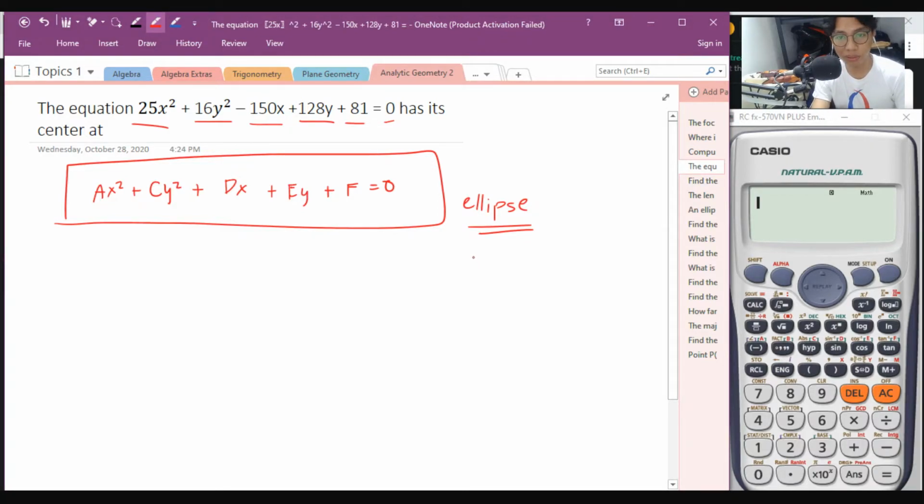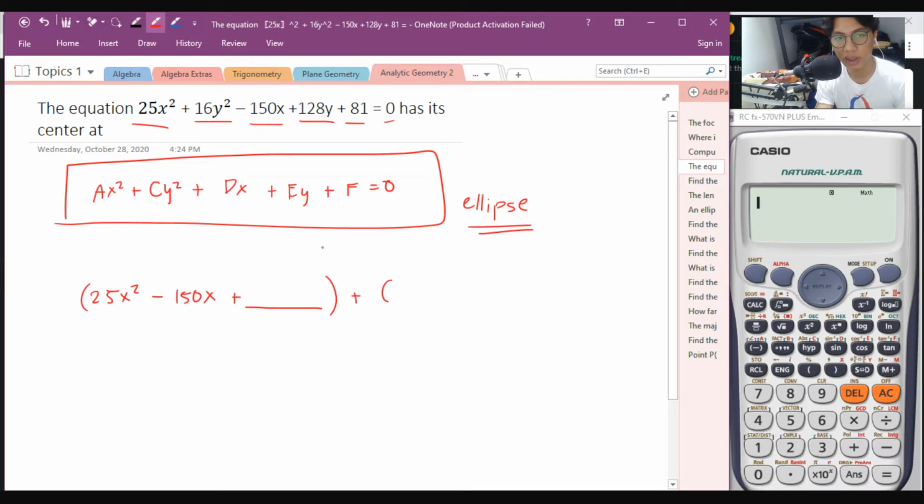So, anong kinukuha dito? Center. Pwede tayo mag-completing the squares. Let us try completing the squares. Para ma-practice nyo completing the squares. Pag sama-samahin natin yung may x at pag sama-samahin natin yung may y. 25x squared. Kaya mo dyan. Plus. Negative pala yun. Negative 150x. Plus, leave it blank.